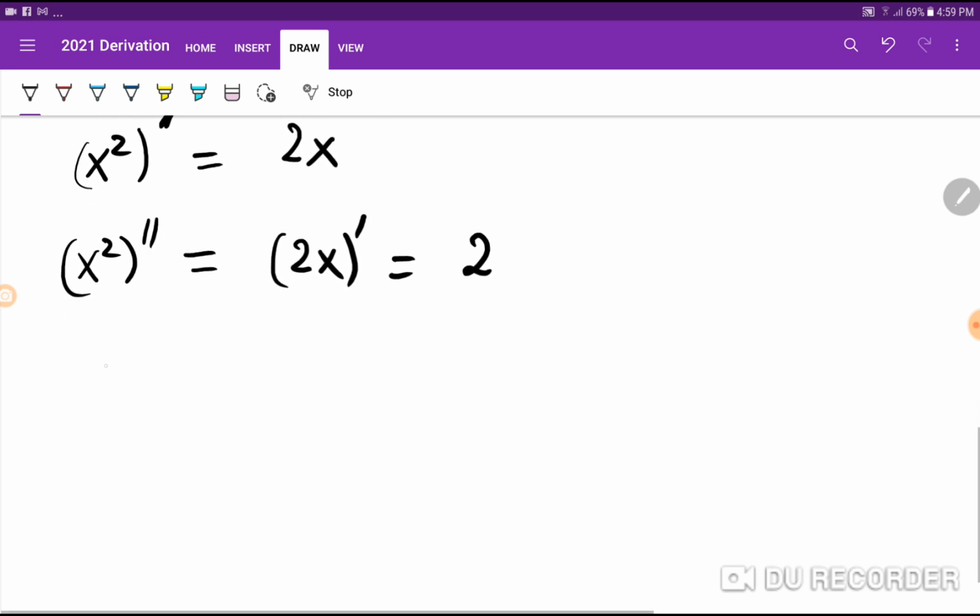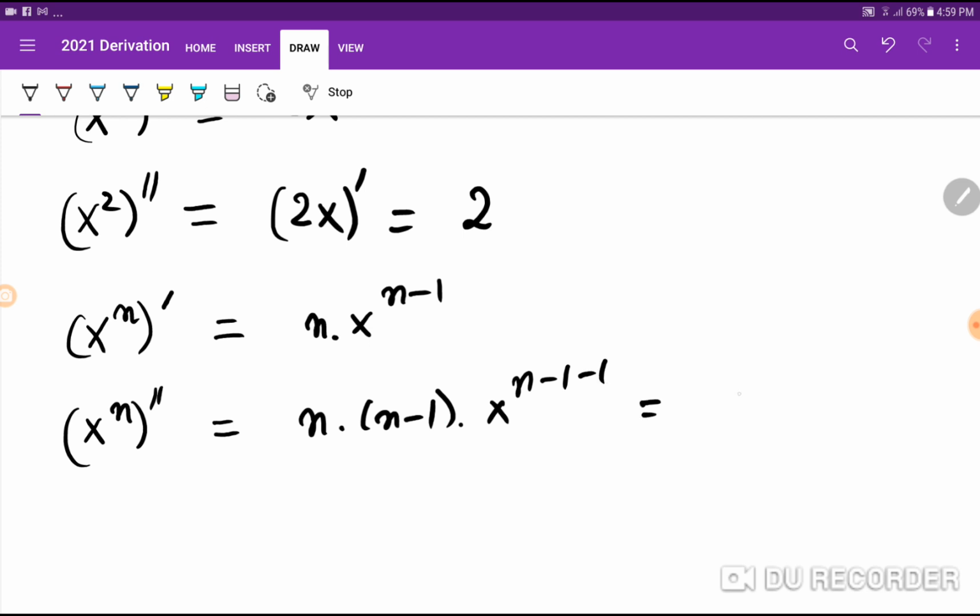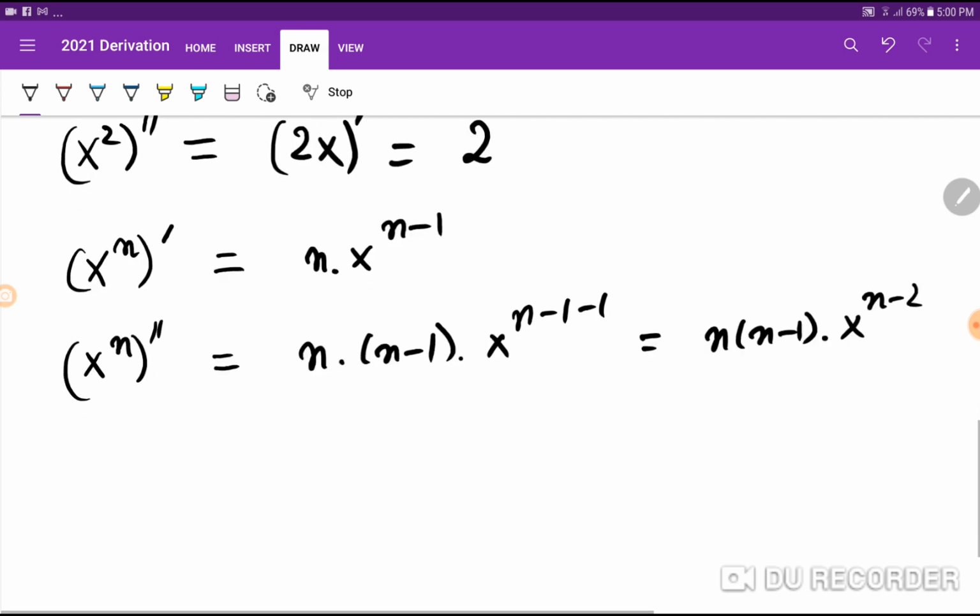How about x to the power of n? The first derivative would be n times x to the n minus 1, right? The second derivative would be n times n minus 1 times x to the power of n minus 2.